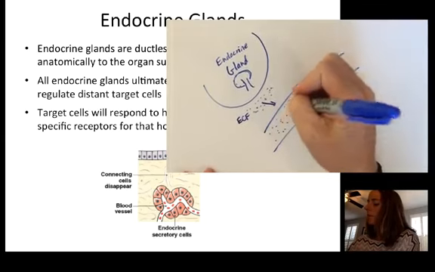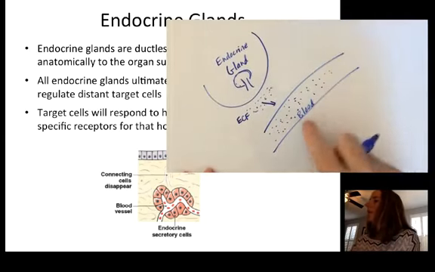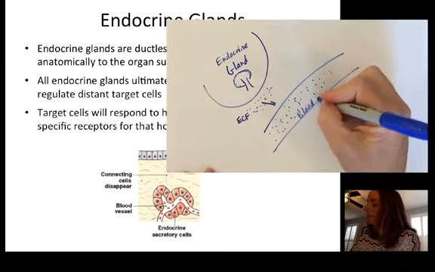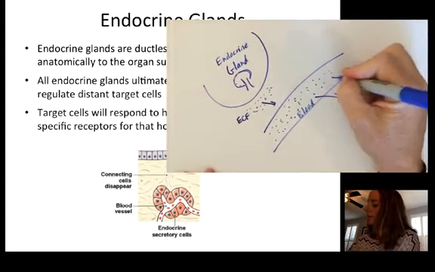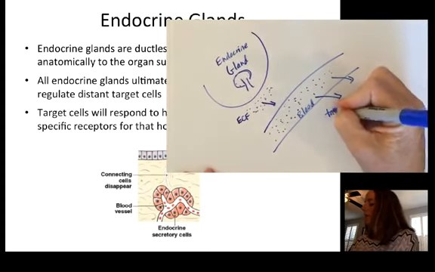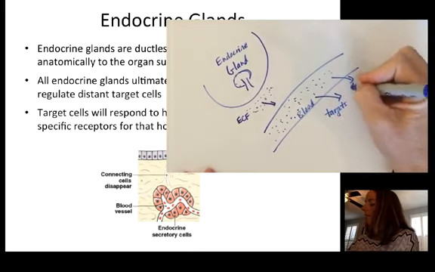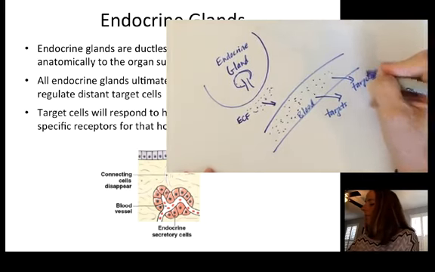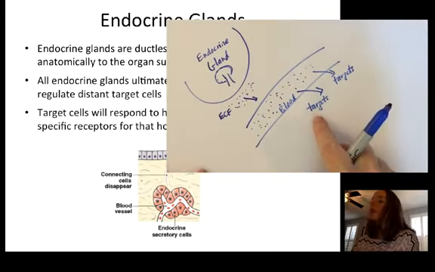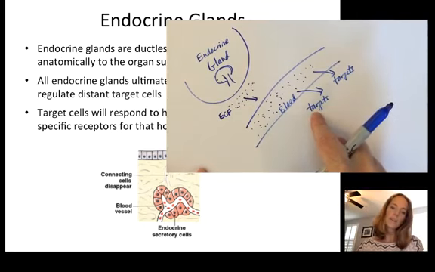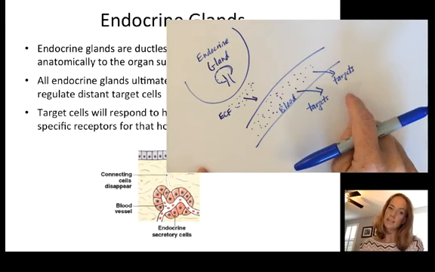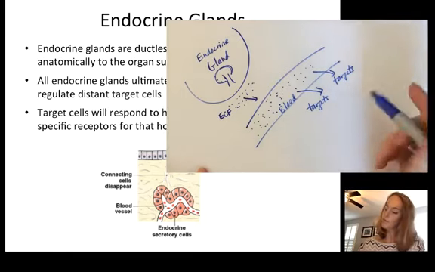these various chemical hormones, and they will travel through the blood, reaching various targets. We're going to talk today about how target cells respond to hormones and how non-target cells can avoid responding to hormones.